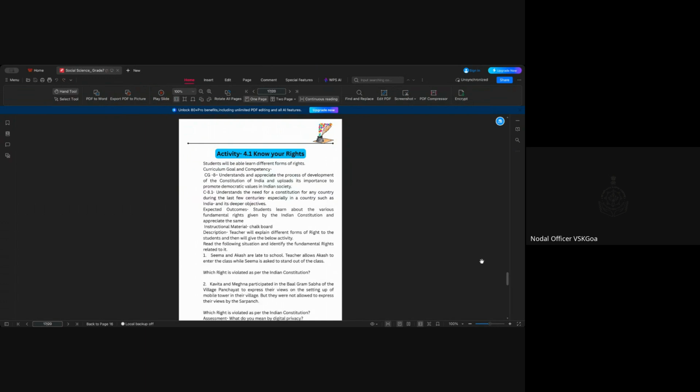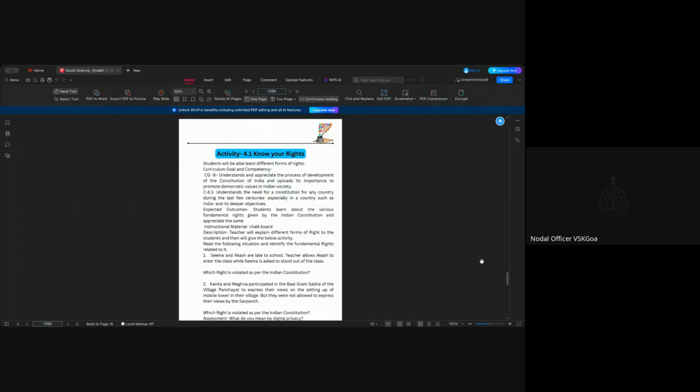The child will be able to understand the need for a constitution for any country during the last few centuries, especially in a country such as India, and its deeper objectives. The expected outcomes are that students learn about the various fundamental rights given by the Indian Constitution and appreciate the same.